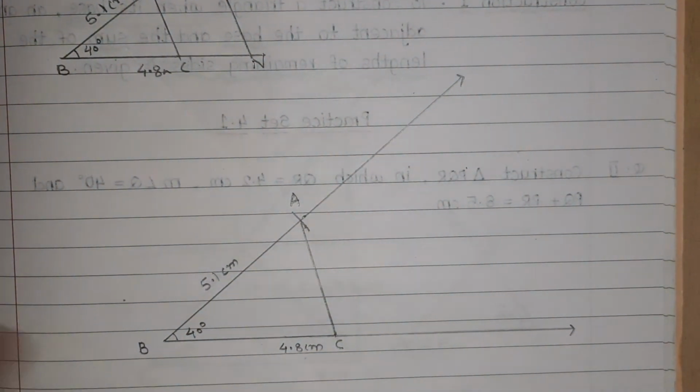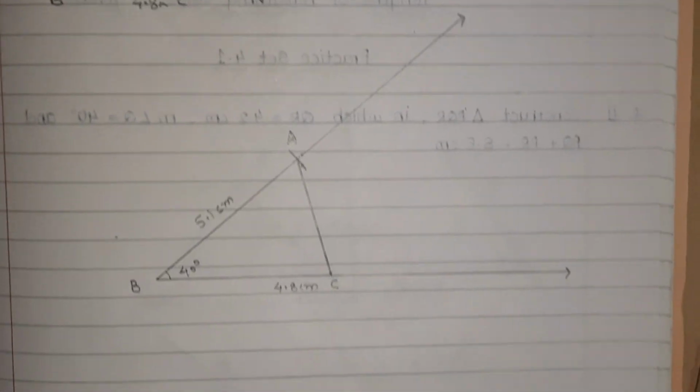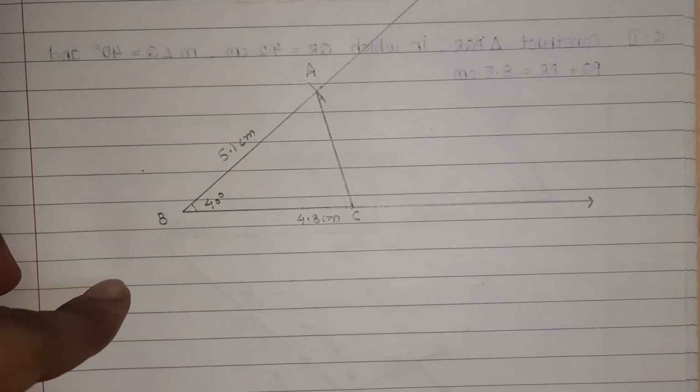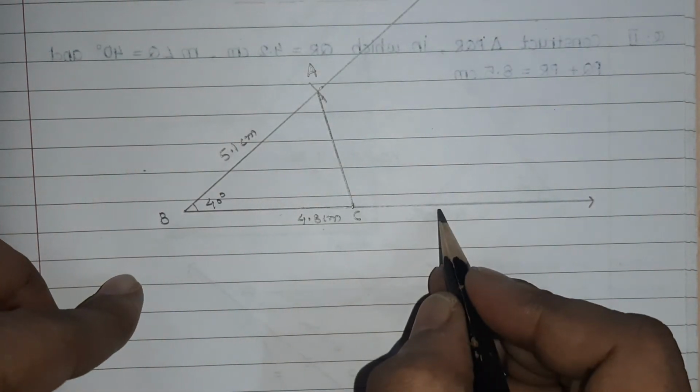Dear student, we completed the first part. Triangle ABC is over. Now we have to draw the triangle LBN.